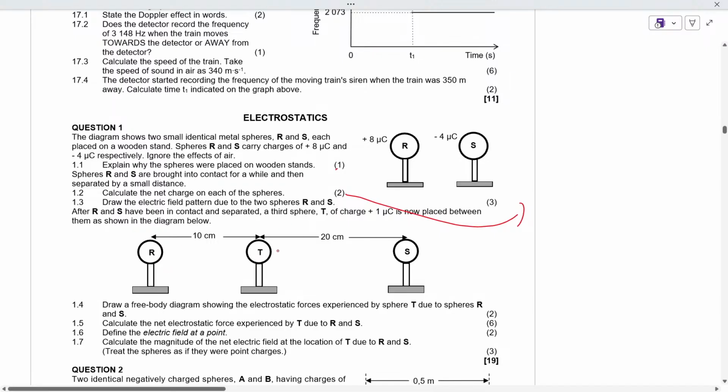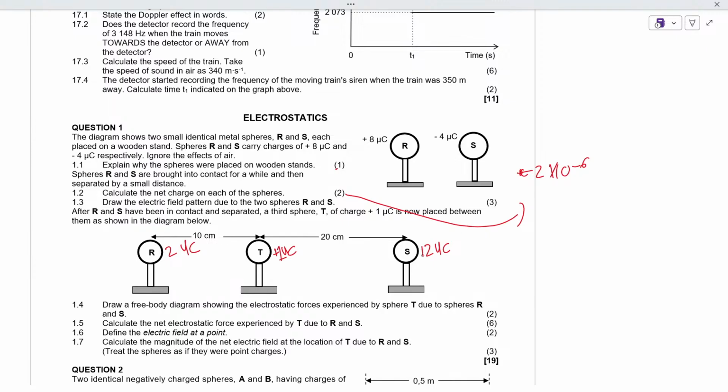They say that it has a charge of positive 1 microcoulomb. This one is going to be 2 microcoulomb also, because micro just means 10 to the power negative 6. So this is going to be 2 microcoulomb also.